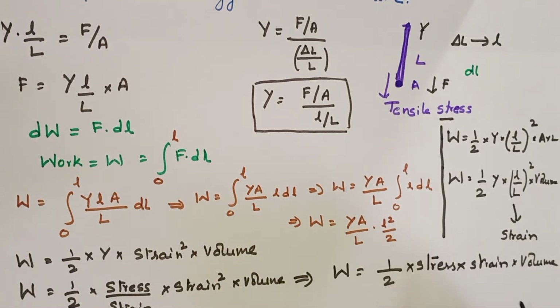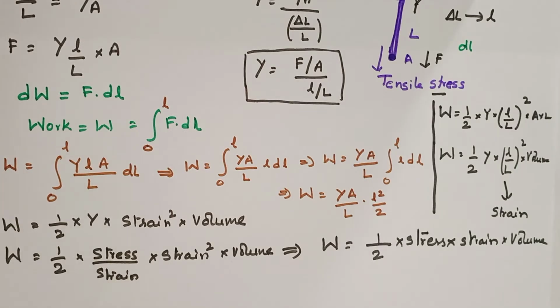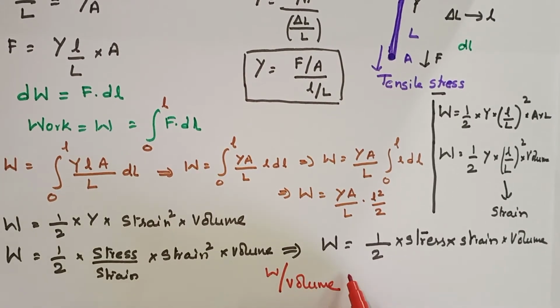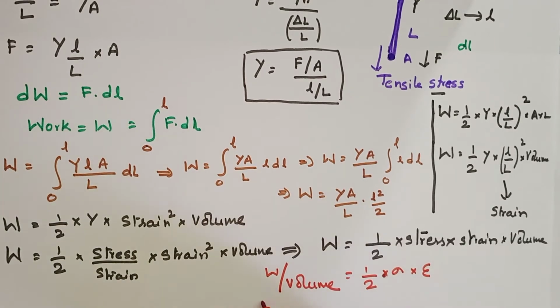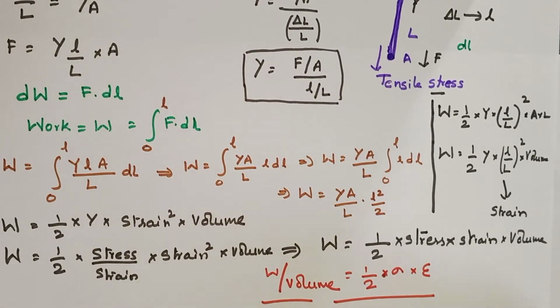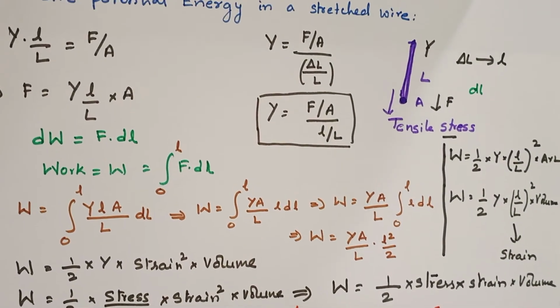So this is called W by volume. Potential energy per volume is equal to half into stress sigma into strain. This is actually the energy stored or stretched in a wire.